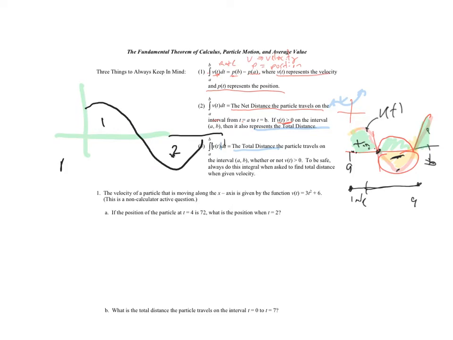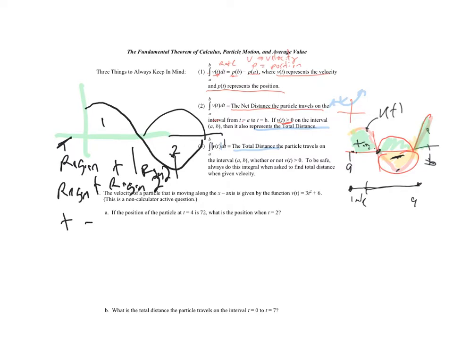But you would take region 1 and add it to the absolute value of region 2. And that'll give you your total distance. That's your total. Now net distance would just be region 1 plus region 2. So even if one's positive and the other's negative, the net distance could be smaller.